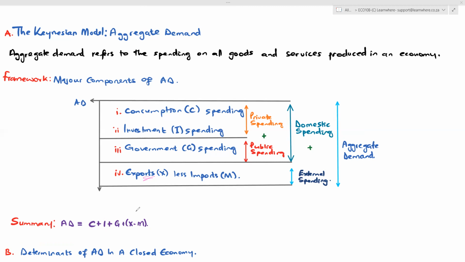Some of it is going to be sold to other countries, whether to households, businesses or governments of other countries, it doesn't really matter. As long as it was produced in South Africa and then sold to other countries, it is part of exports. Exports represent spending on goods and services that were produced within the country.